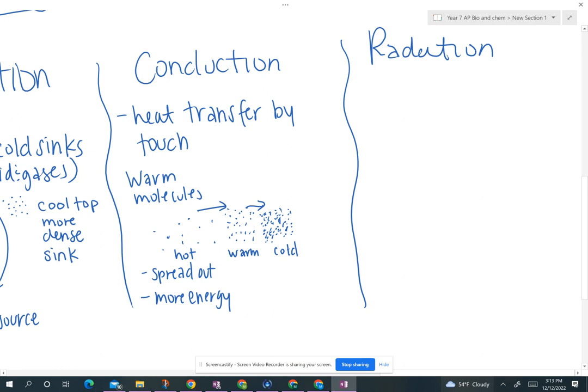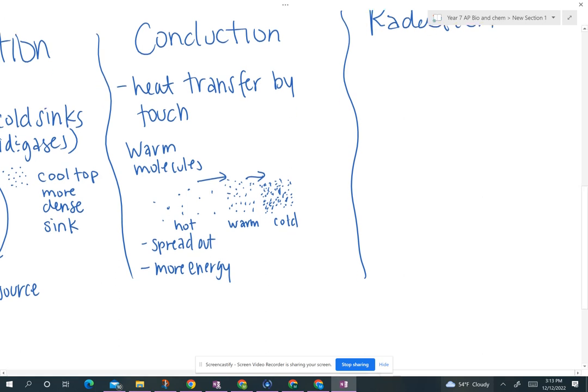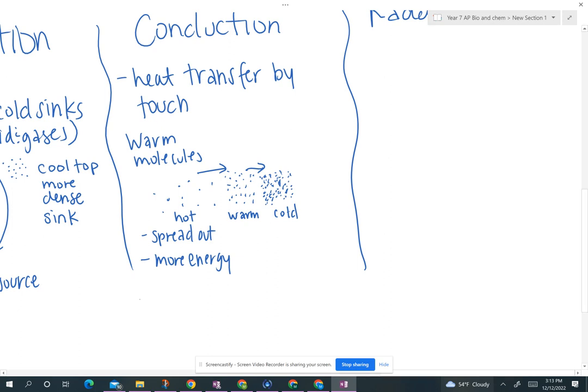They're going to try to get the cold molecules moving a little bit more. So they're passing that energy by directly touching these molecules. This is where we get the word good conductors from, this heat transfer by touch. And this is going to continue as long as something is touching it.